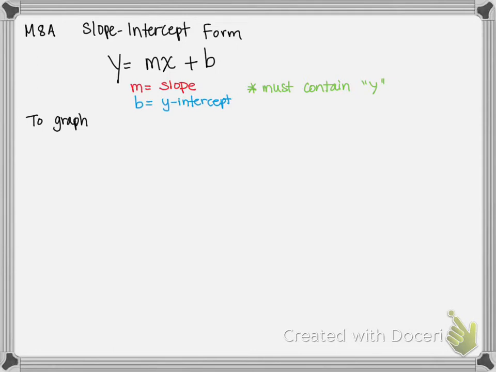So to graph using slope-intercept form. Okay, so we've got 2 points. So what are those 2 points? Okay, we're going to graph the y-intercept.